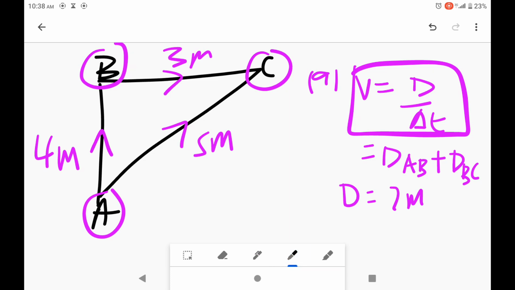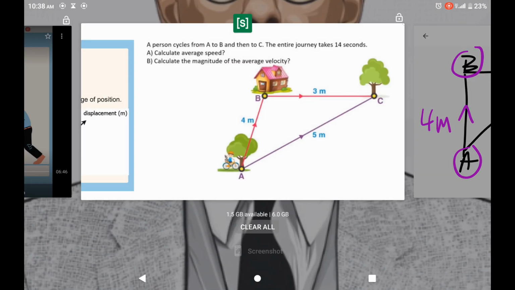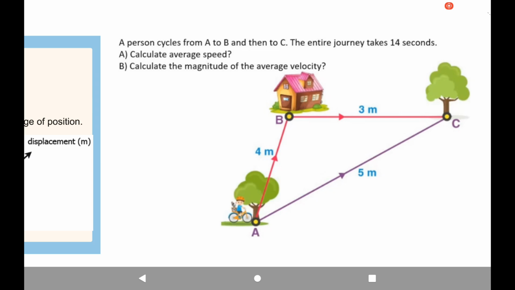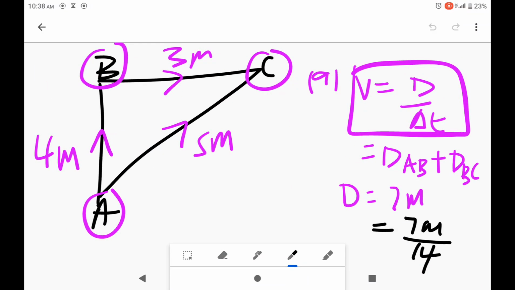I found my 7 meters as the distance, and the time they gave us is 14 seconds. Let me go back. A person cycles from A to B and then to C. The entire journey takes 14 seconds. So time is sorted because it is in seconds.